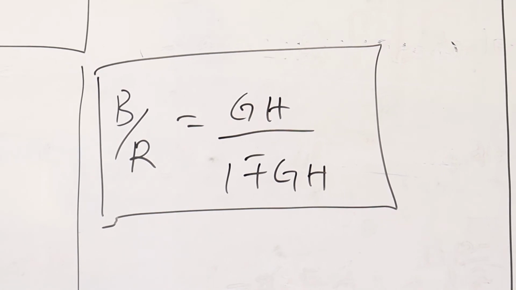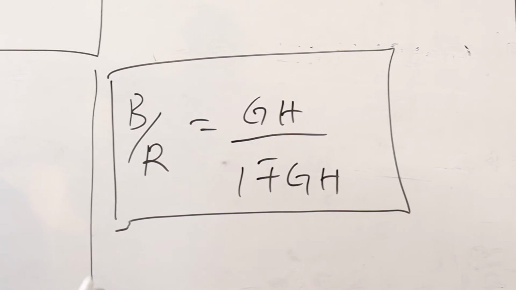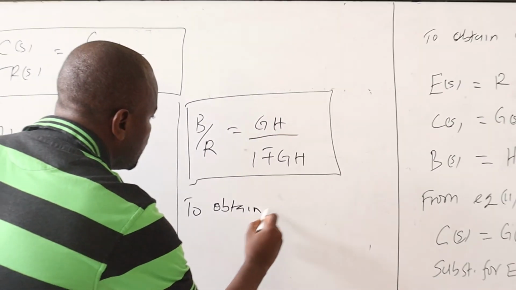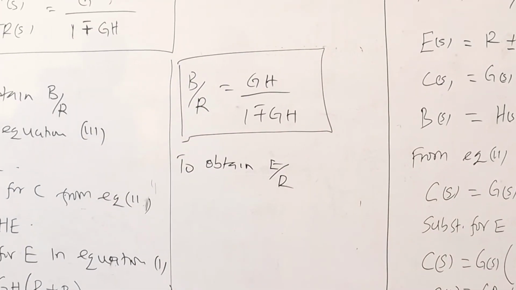So we can also get the error ratio, E over R. To obtain E all over R, we go to the first equation.